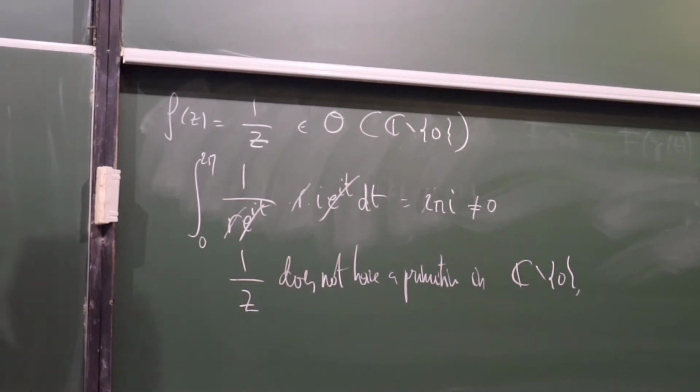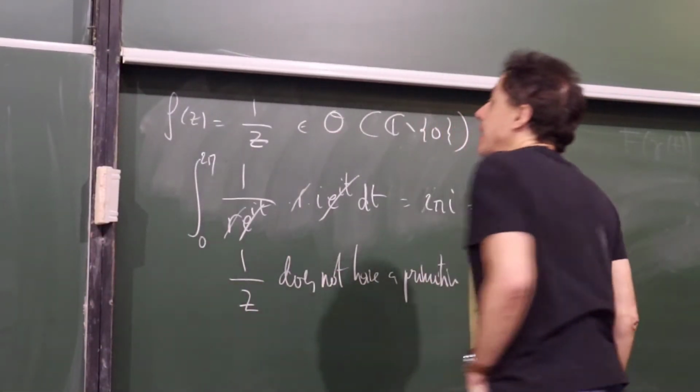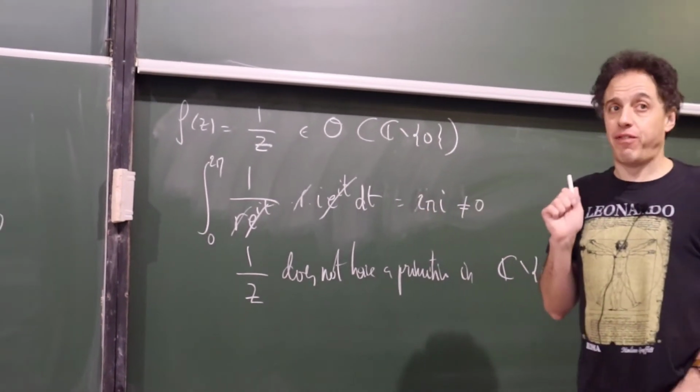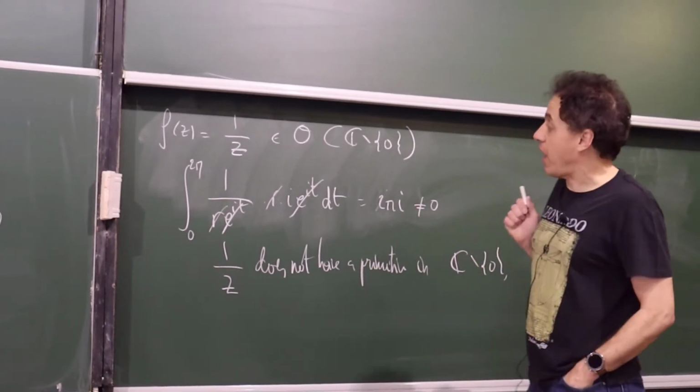So this function cannot have a primitive. This is not just any function. This is important in some sense.